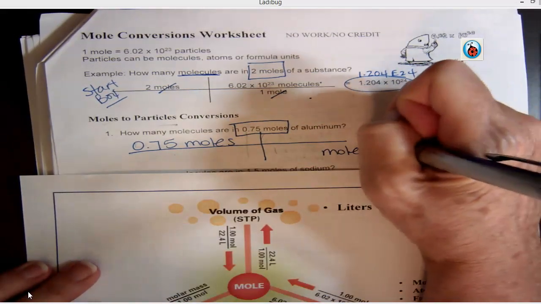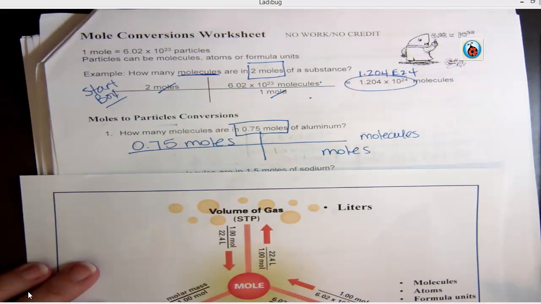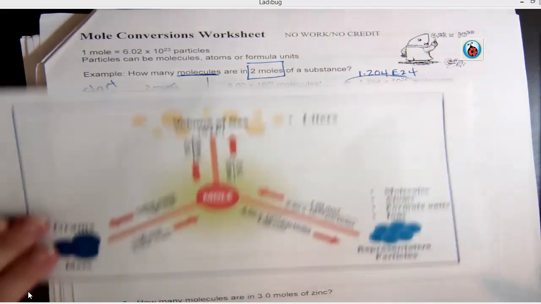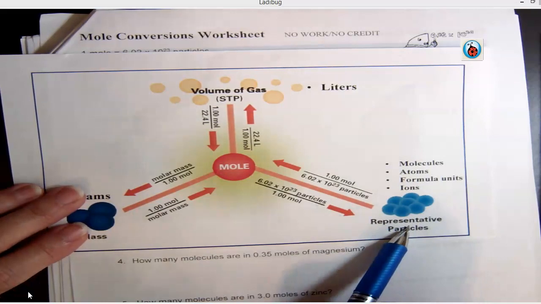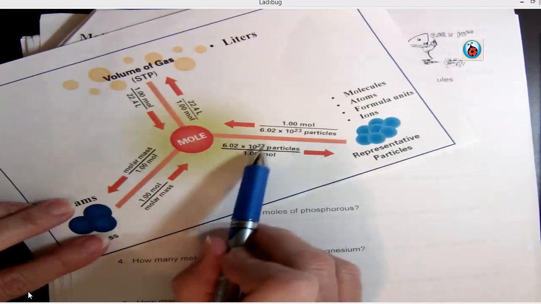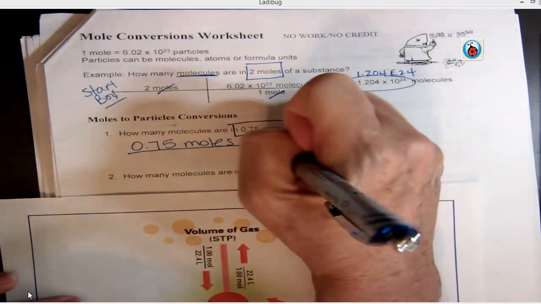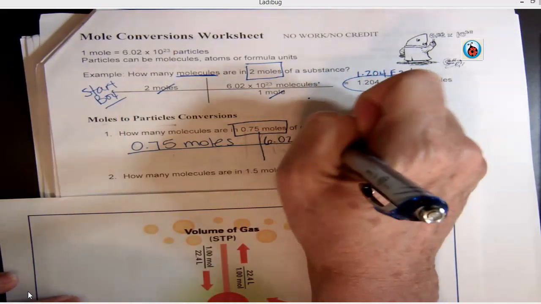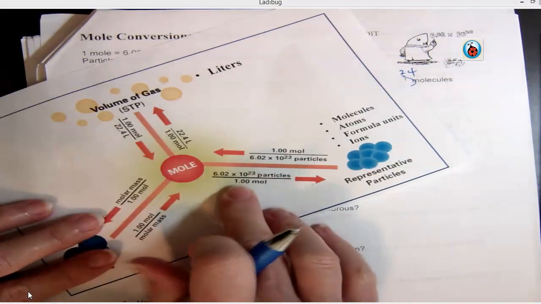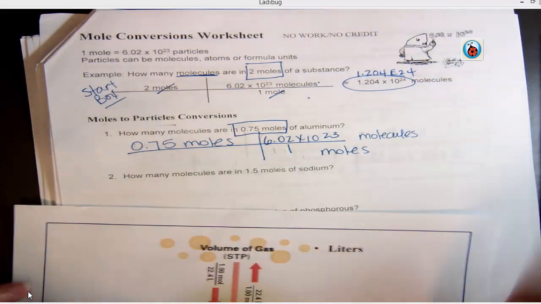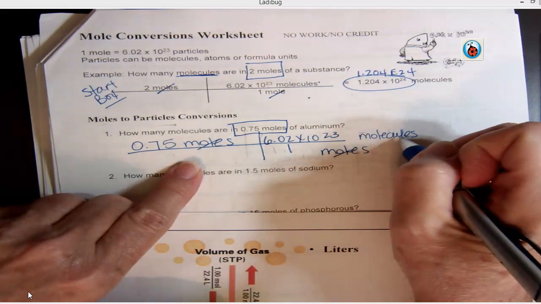I need molecules on the top. How do I know what numbers go in there? Because I'm going to go to my handy dandy chart here, and I'm going to go from moles to molecules, and it says I'm going to put Avogadro's number on top over 1 mole. So that's what I'm going to write here, exactly what it says. 6.02 times 10 to the 23rd over what? 1 mole. Okay, because I need moles to cancel out. So I will be left with molecules.